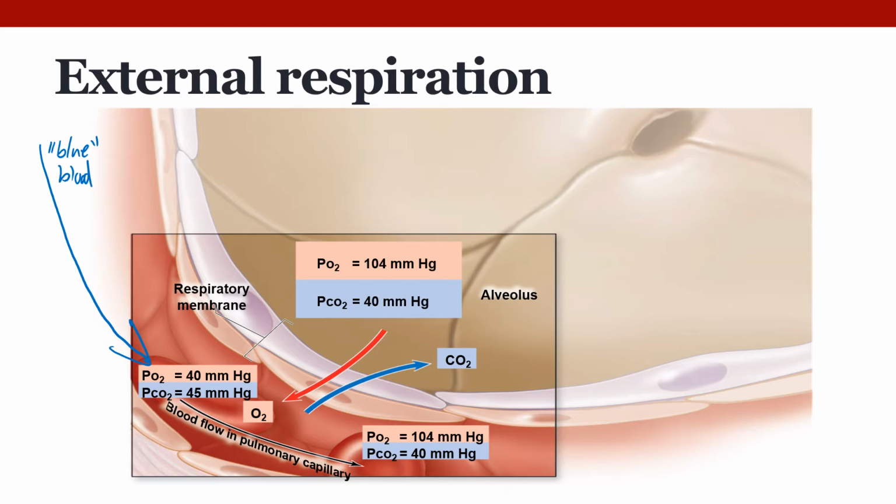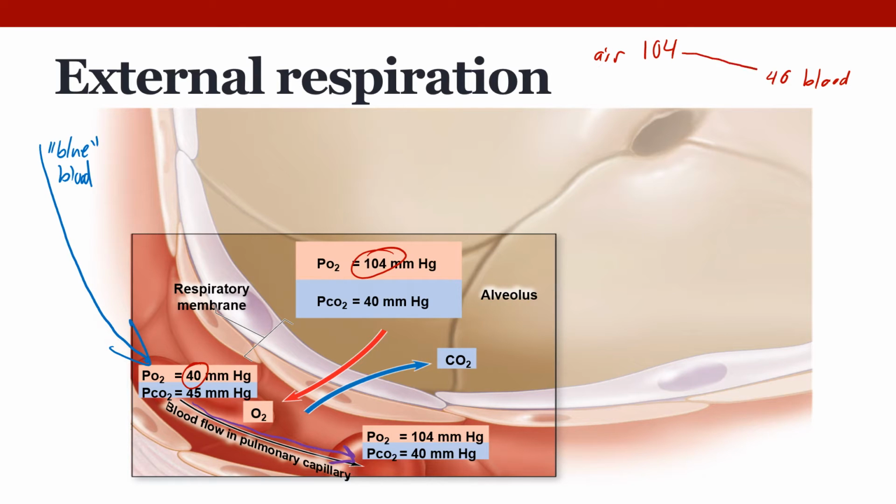Well, as we travel through the pulmonary capillary here, that changes. There's a driving force. If we compare oxygen in the air and oxygen in the blood, air is at 104, blood is down at 40.